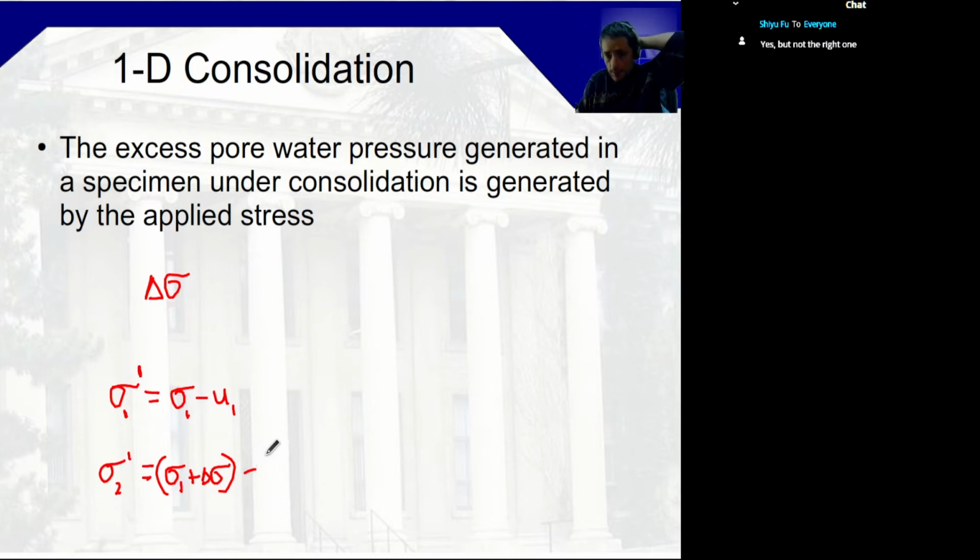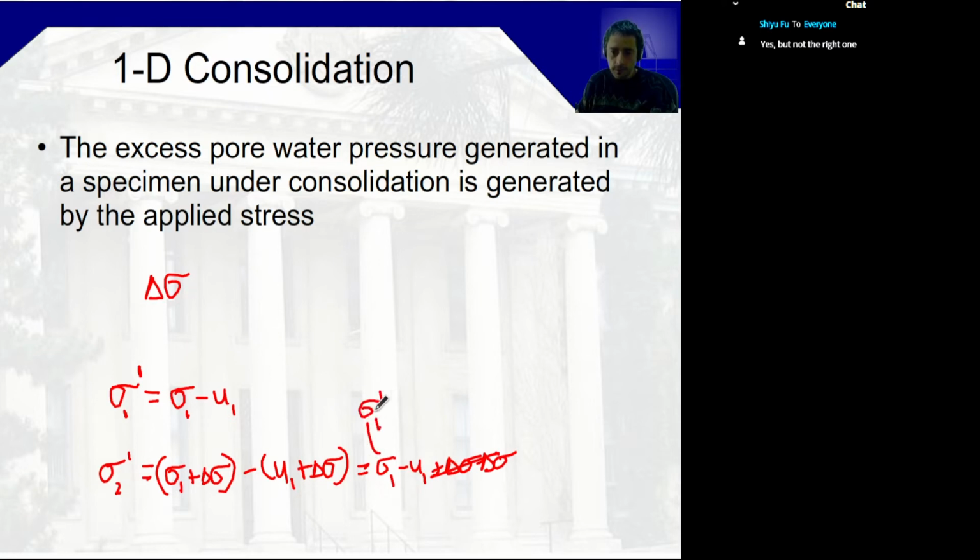As I just said, immediately after loading, pore pressure carries all of the change; the change in pore pressure is equal to the change in total stress. Okay, so basically that is equal to sigma 1 minus u1, plus delta sigma minus delta sigma. And of course, that means that effective stress, so this is immediately after loading.